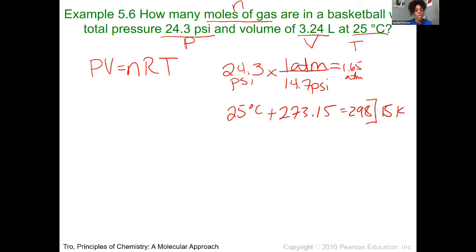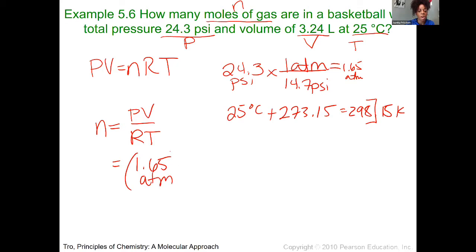So now when we look at our equation, we want to rearrange again to solve for our desired variable, which is N. So we would divide both sides by RT. So we would end up with n equals PV over RT. And so now when we plug this in, we have our pressure, which is 1.65 atmospheres.